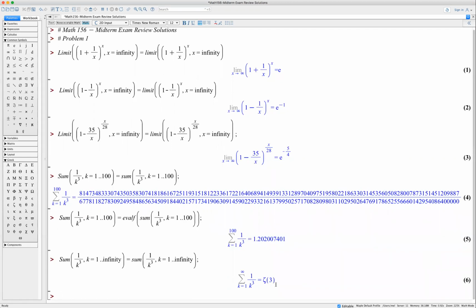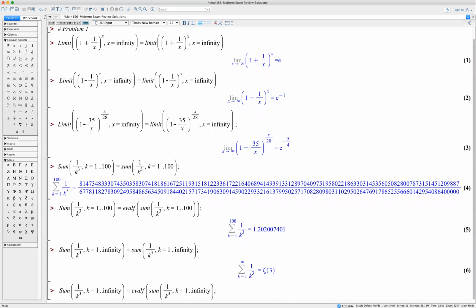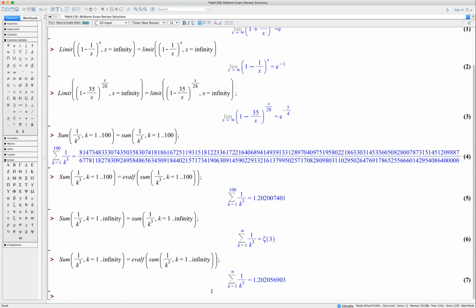Again, it's not clear what this means. I know what it means, but we like it as a decimal. So let's just evaluate this as a decimal. 1.20205. So this is bigger as you would expect, but it's interesting that it's not very much bigger. Okay, that's problem 1.